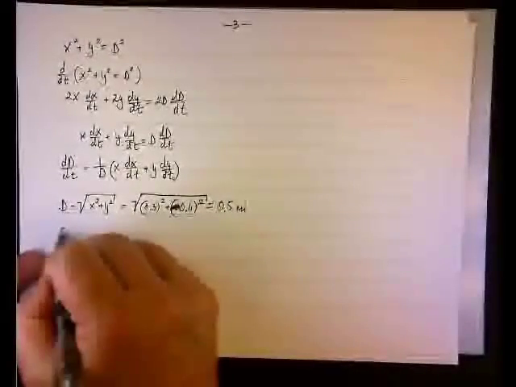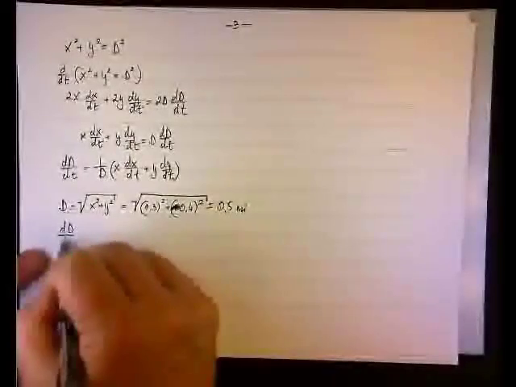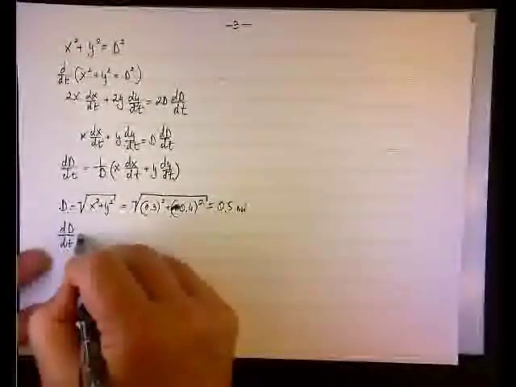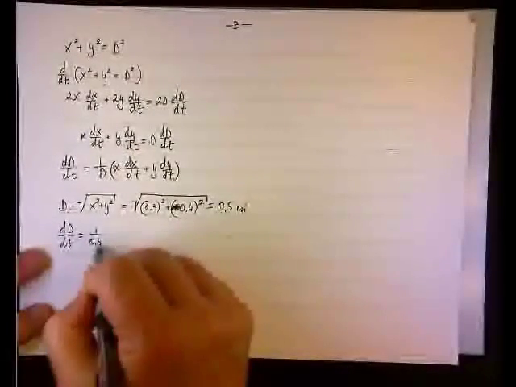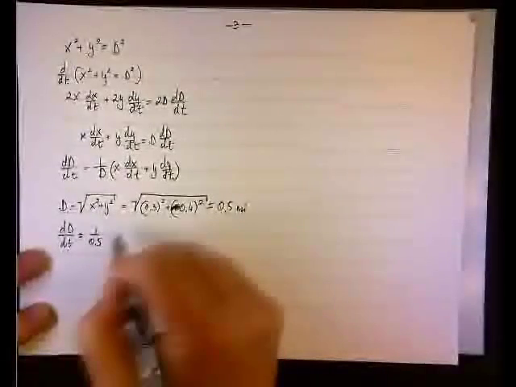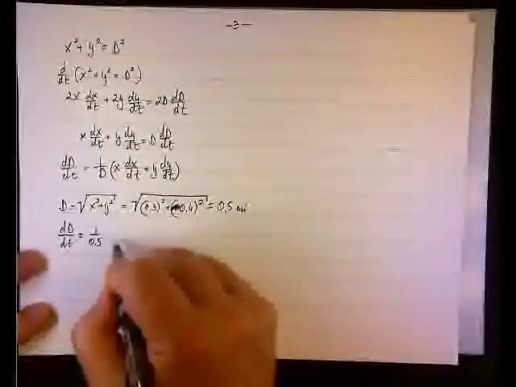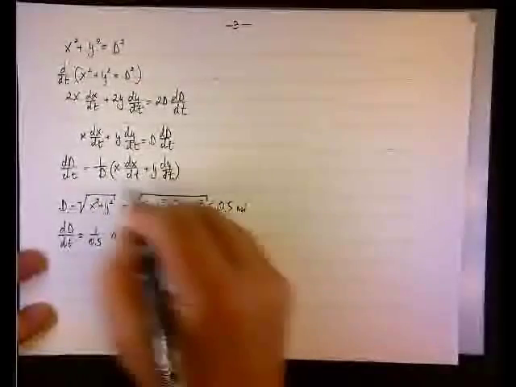So go back and put the values in the equation on top, and it will be 1 over 0.5. Well, that will be 2. And then plug in. So we have 0.3 times dx dt.